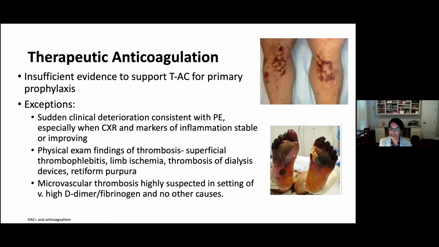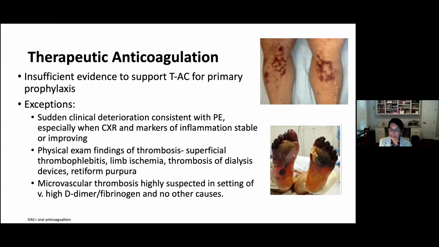Or if one has a physical exam finding of thrombosis, such as superficial thrombophlebitis, limb ischemia, thrombosis of dialysis filters or tubing or catheters, or retiform purpura, which are purpuric lesions shown on this slide that histopathologically are characterized by thrombosis in the dermal and subcutaneous vasculature.